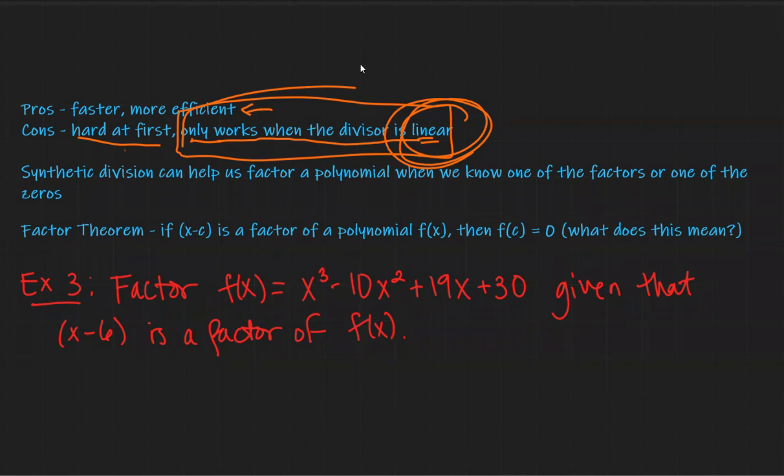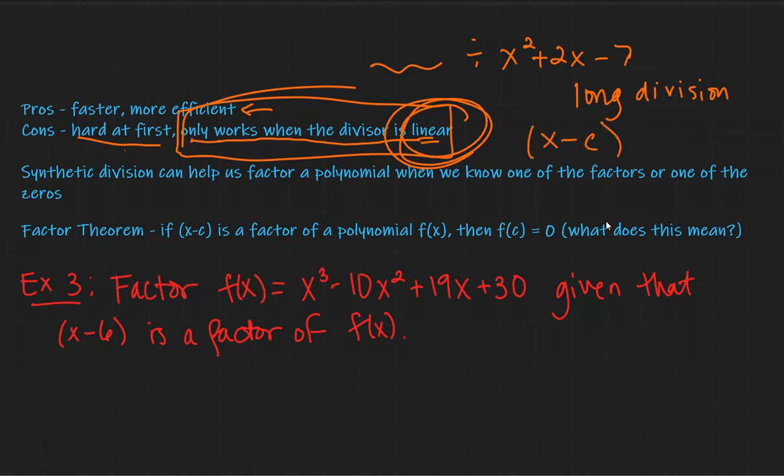Because if I ask you to divide something by, say, x squared plus 2x minus 7, you have no choice but to do long division. You just have to do long division, okay? But the cool thing about synthetic division is that because we can only divide by linear factors, meaning stuff that looks like x minus c, it really does help us to factor.